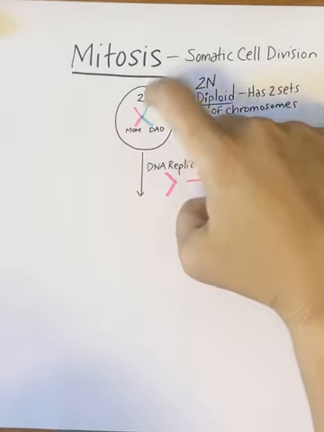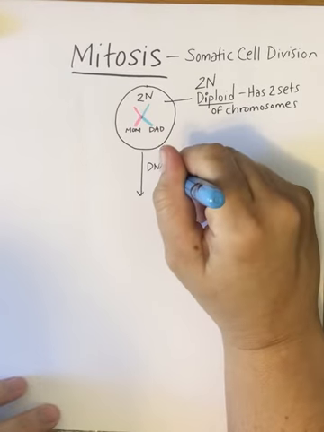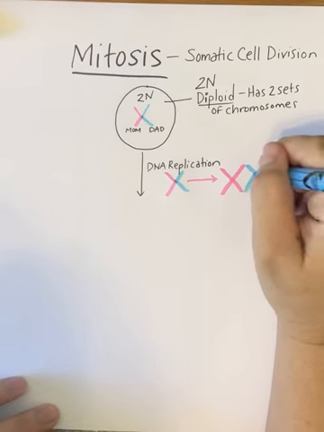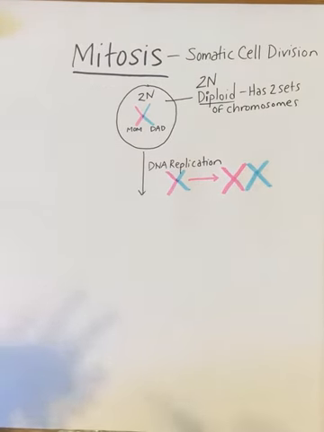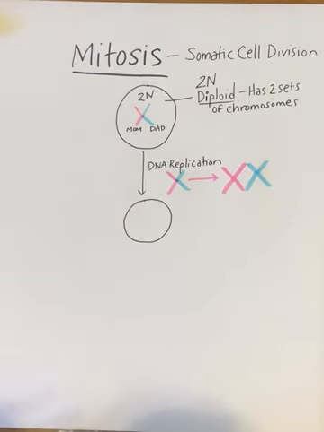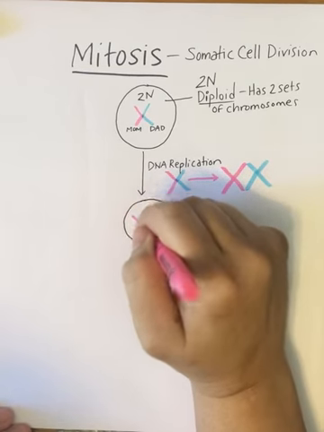You have to do the same thing for your father's. So that's also going to happen. So they're going to replicate. So I'm just going to draw it right here. So what happens is it is literally going to replicate and you're going to have sister chromatids as well. So in the process of DNA replication, you have a copy of your chromosomes, but you only copied your mother's and your father's.